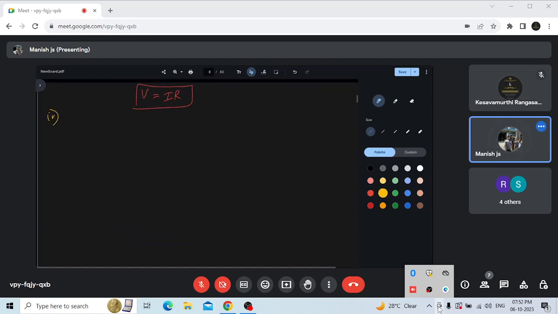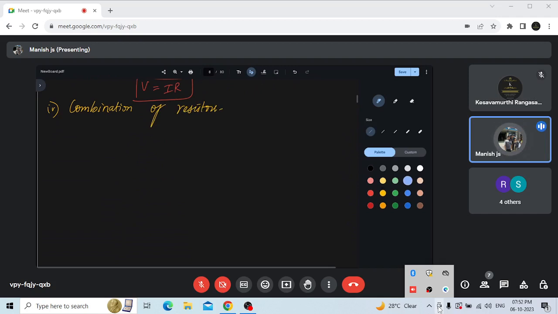Okay. The next concept we are going to see for today is the combination of resistors. So we'll see the combination of resistors. Now, what do you mean by combination? That means how to connect the resistors. What are the different ways in which connections can be done?